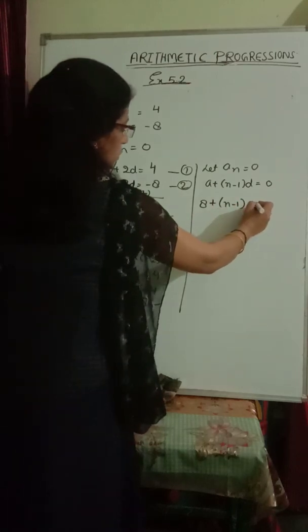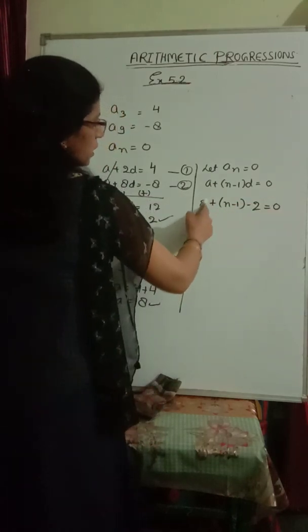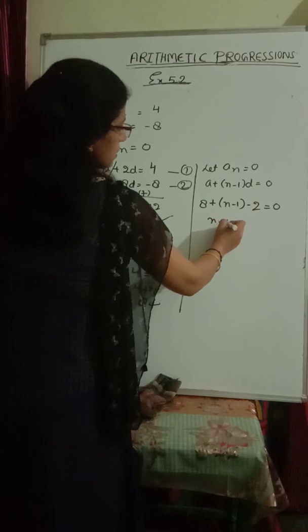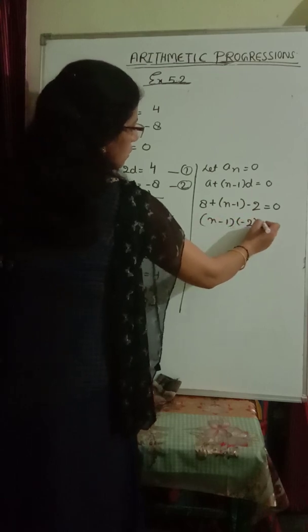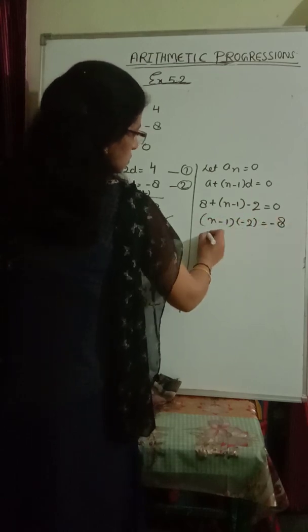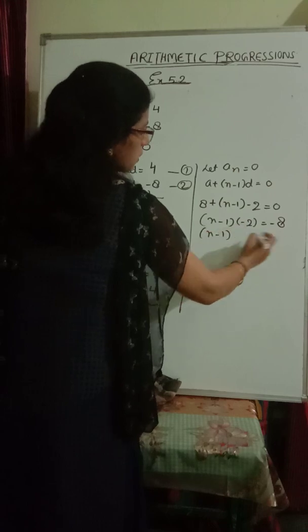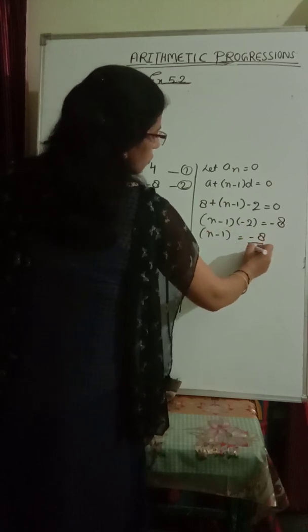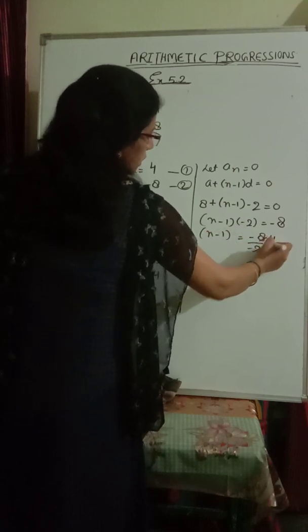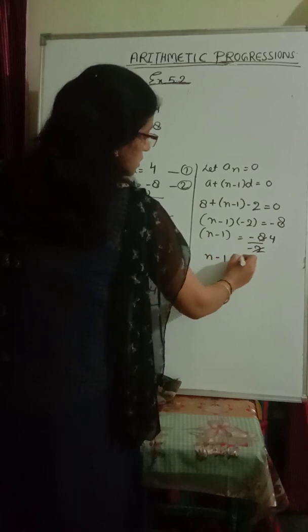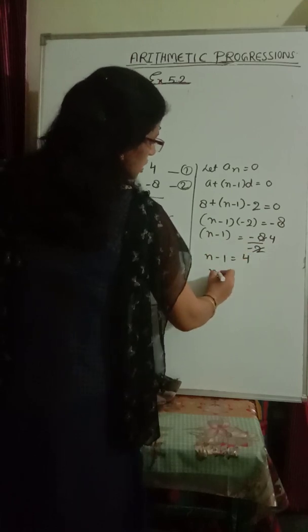Minus 2 is equal to 0. Send the 8 to the other side: n minus 1 into minus 2 equals minus 8. So n minus 1, minus 2 will go in the denominator, minus 8 upon minus 2. 2 fours are 8. So n minus 1 is equal to plus 4. So n is equal to 5.